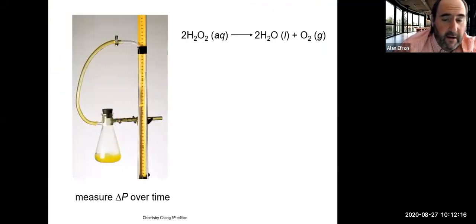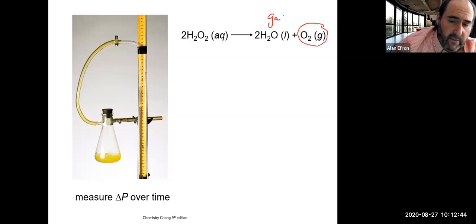Now, not all reactions, like we talked about, will necessarily have some type of color involved. So there have got to be other ways that you can figure out what's going on in terms of concentration and so forth. In this particular reaction, when we take something like hydrogen peroxide and it decomposes into water and O2, the advantage here is it is producing a gas.